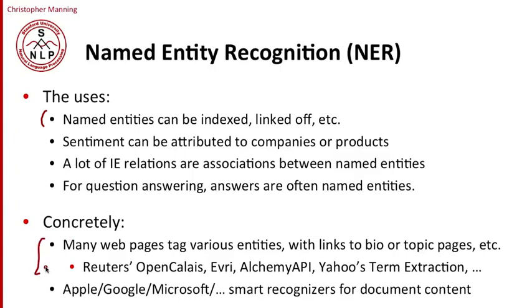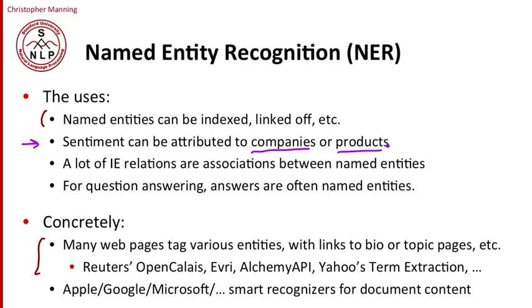So there are a whole bunch of commercial products that run as web services that allow you to do that kind of thing. If in general you want to be crawling the web and picking up sentiment, we discussed earlier detecting sentiment as to whether it's positive or negative, but you will then also need to work out who the sentiment is about or what the sentiment is about. And so at that point you need to be picking out the company or product names in the text, and that's a task of named entity recognition.